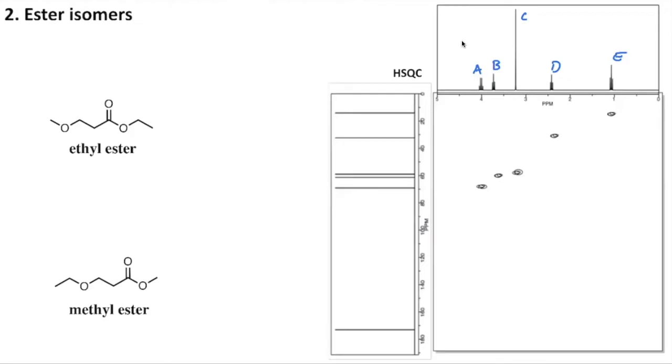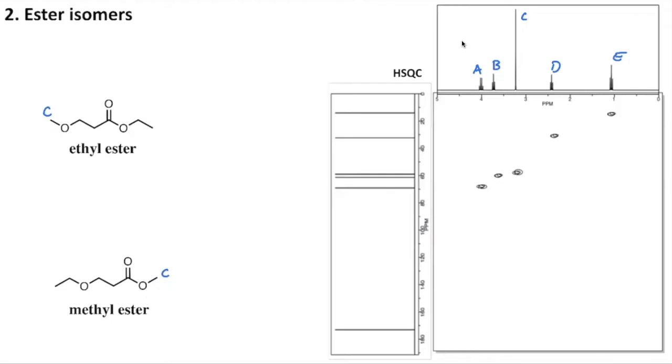The only place that we don't have neighbors is on this methyl group. Depending on which one it is, it's either the methyl ester or it's a methoxy group. All the other ones have neighbors adjacent to them, so it can't possibly be those. So we get rid of those circles and instead label these methyl groups as C. They have to be. And then we can think about the other ones.